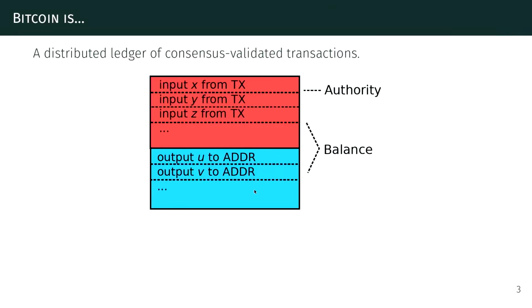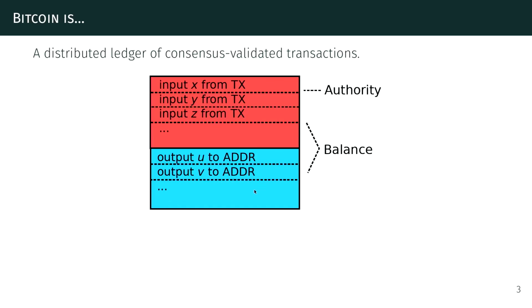And each such transaction takes a number of input amounts from previous transactions and then declares a number of output amounts to some receiver addresses. And in order for this transaction to be valid, you need most of all these two things: you need to show that you actually have authority to spend the inputs, and you need to make sure that the input amounts balance with the output amounts, right?